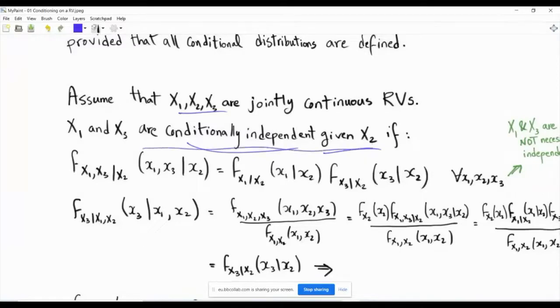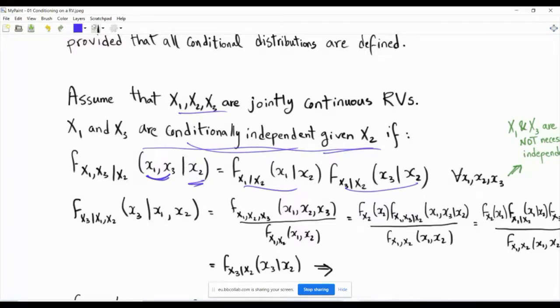So how do you translate this statement? It means that the joint conditional PDF of x1 and x3 given x2 can be written as the product of the conditional PDF of x1 given x2 and the conditional PDF of x3 given x2.